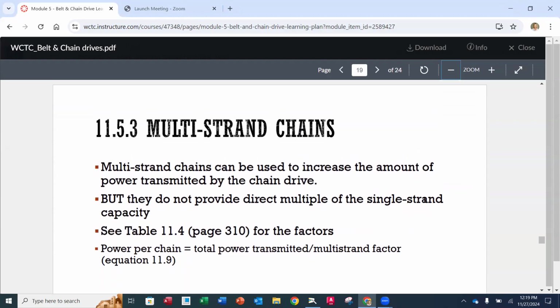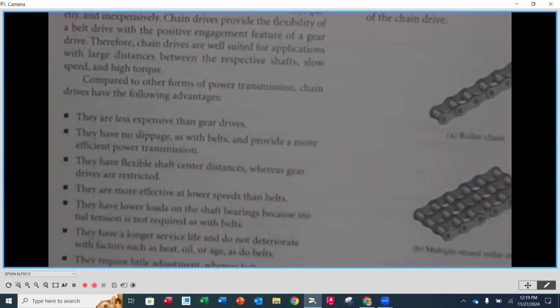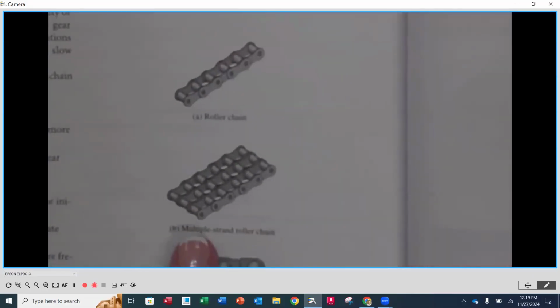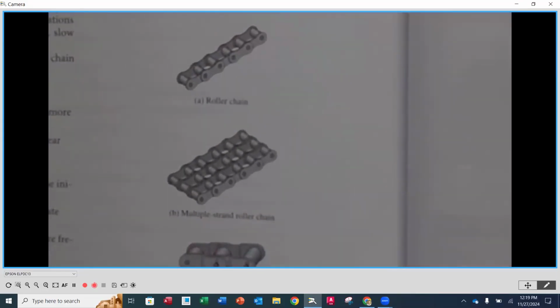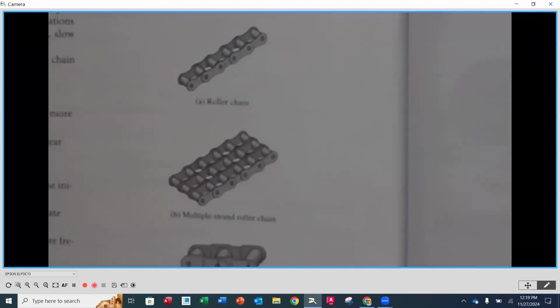Now, let's talk a little bit about multi-strand chains. As we saw earlier, we can gang them together to gain more strength based on a lower profile chain. So if we go back underneath here on page 308, we saw where we had a multiple strand roller chain. Now, as we look here, this is 1, 2, 3 chains that are going to be together, okay? Now, unfortunately, if we size like a single strand, that's what all our charts are going to be based on, single strand.